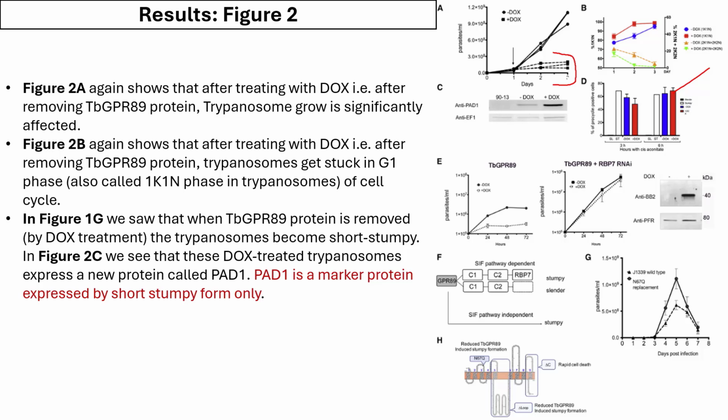One, it looks morphologically shorter and rounder. 2, they are usually arrested in G1 phase. And 3, they start expressing PAD1 protein. PAD1 is protein associated with differentiation. So here they have seen that in the DOX treated trypanosomes, you see the expression of PAD1 protein.